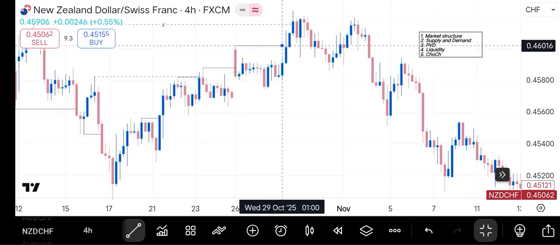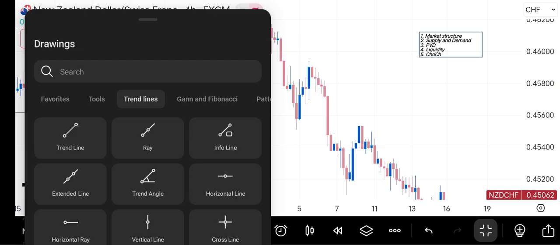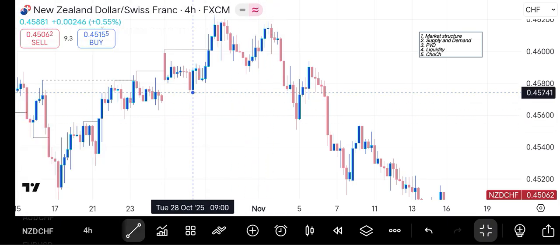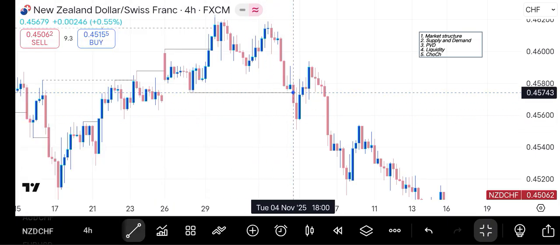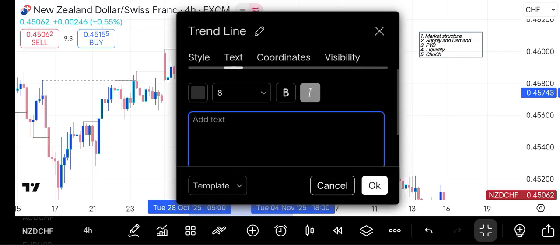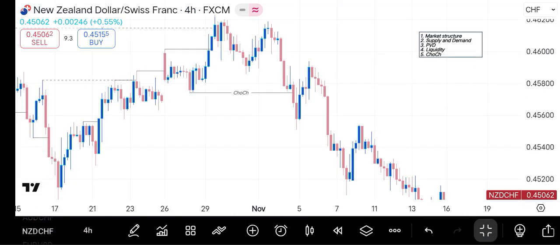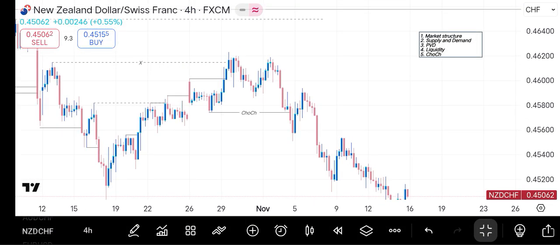Another one here. So that was the last breaker structure, and then the market started breaking one of the higher lows. It broke that higher low, giving us a change of character. I'm just going to put it on the chart. Okay, a change of character.